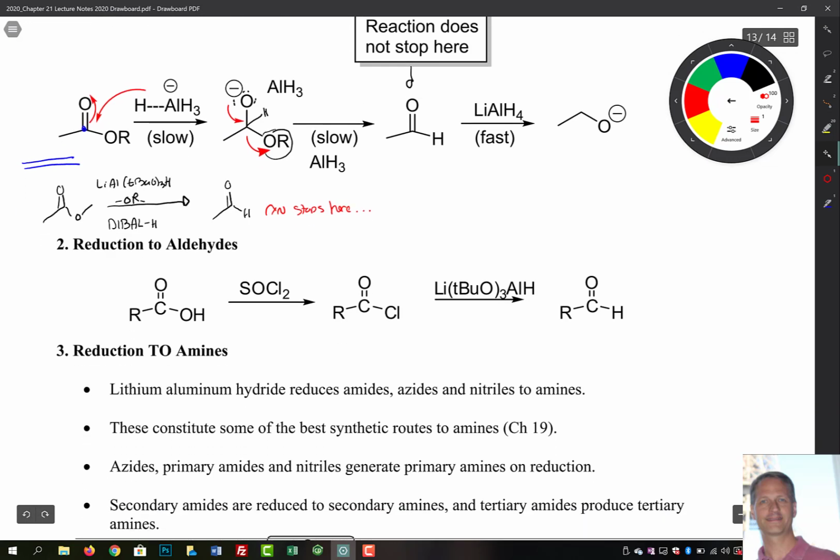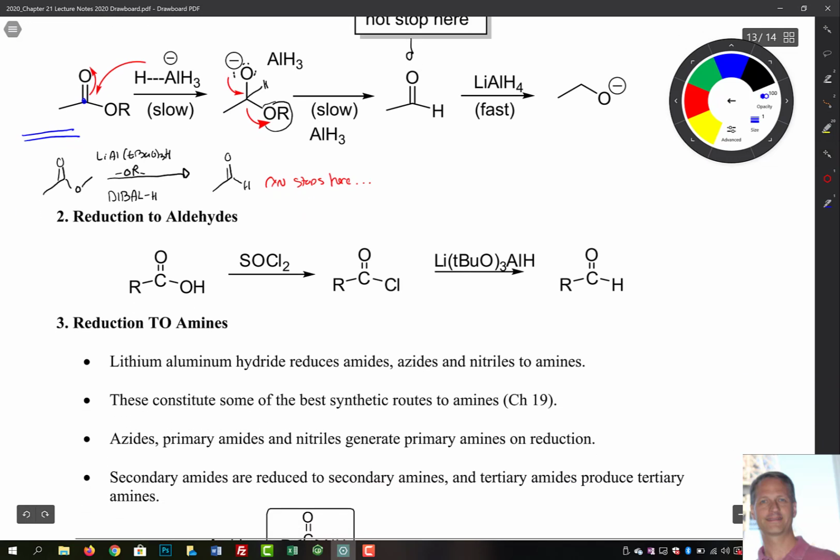So again, looking down below, we kind of see that. SOCl2 makes an acid chloride, except here above we started with an ester. Down here below, we're converting that to an acid chloride. That's the context in which we saw that lithium tri-tert-butoxy aluminum hydride from previous chapters.